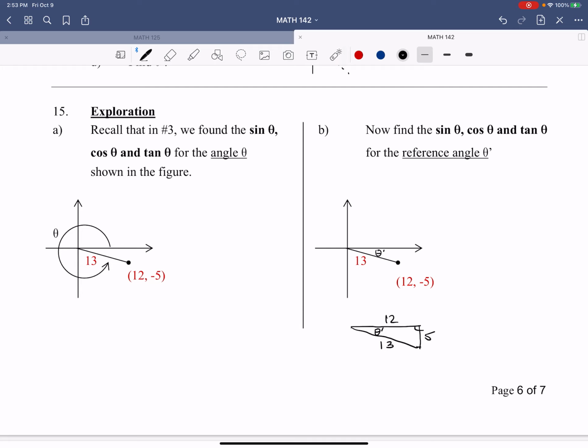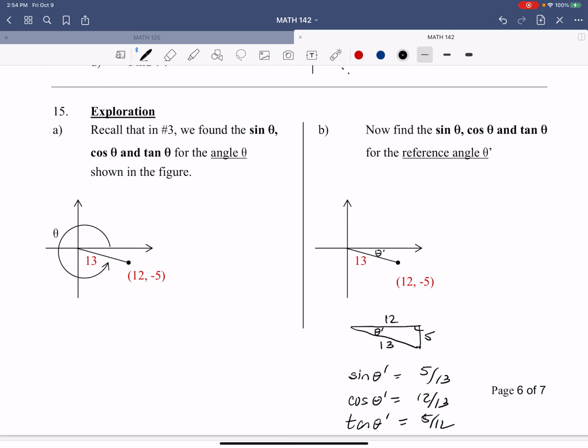So if this is theta prime, sine of theta prime is 5 over 13, cosine of theta prime is 12 over 13, and tangent of theta prime is 5 over 12. If you look back at what we did a couple videos ago, hopefully it's in your notes, these are the same values, just different signs.